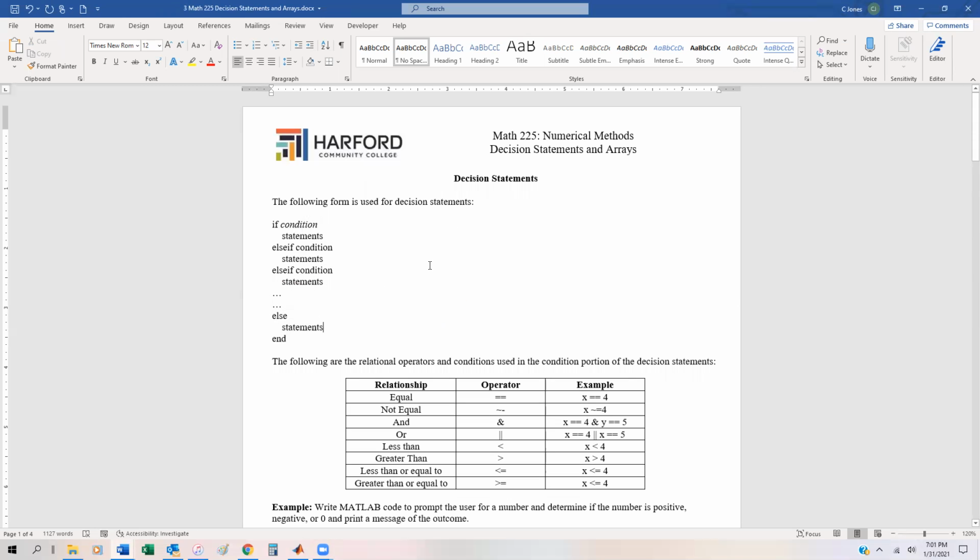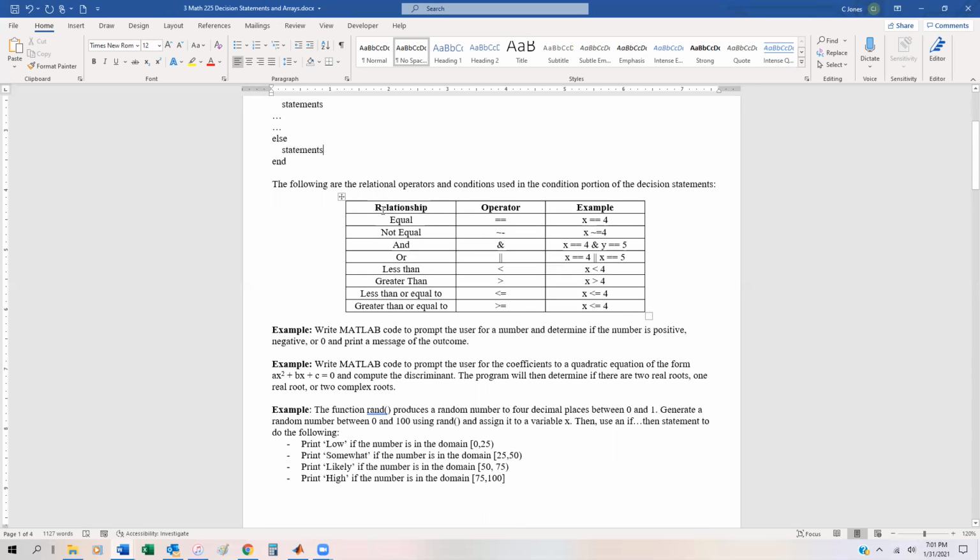Now, a lot of times when we start trying to build these sorts of relational operators or these sorts of decision statements, we have some sort of relationship. And so these are the relational operators that are involved. And so we have an equal, and be careful, it's a double equal.